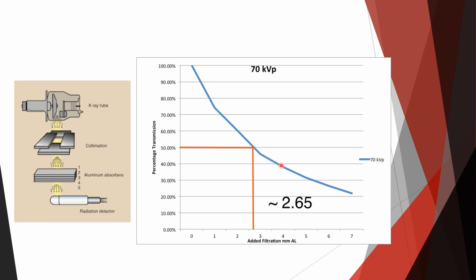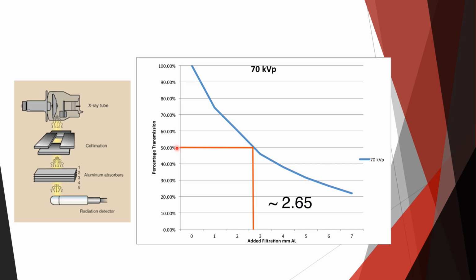This is actually a test that was run on actual equipment, and 70 kVp was used. Points were found below the 50% mark throughout the test, and a curve was created, which is this blue curve, from all the values given.